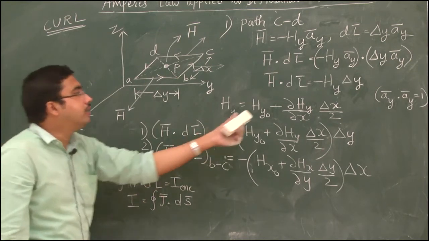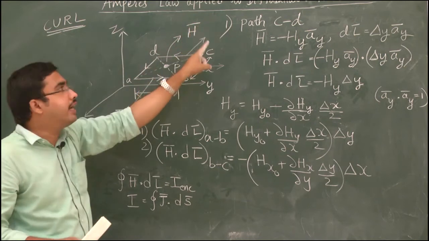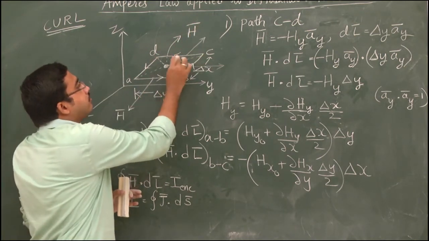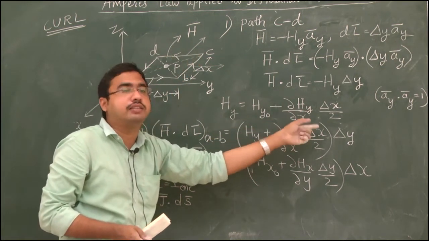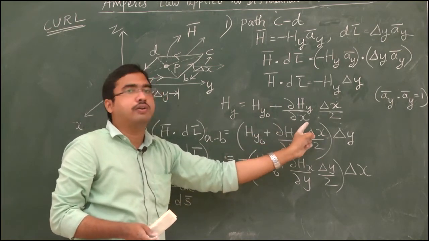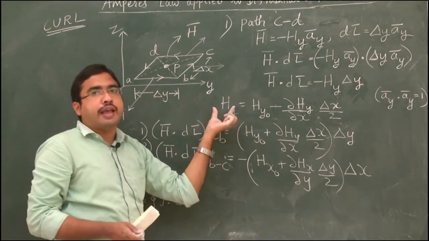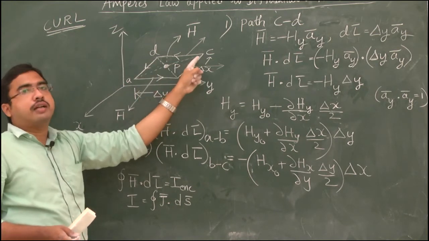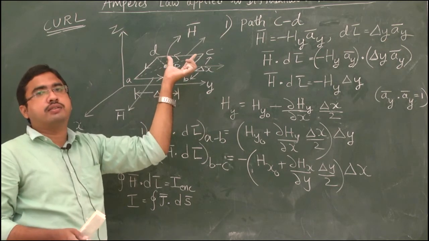That is valid, because h is perpendicular to the side CD, going in the negative x-axis direction. So hy naught minus dhy by dou x into delta x by 2. This is the formula for hy when you are observing the Amperian path CD and calculating h at point P due to this path.